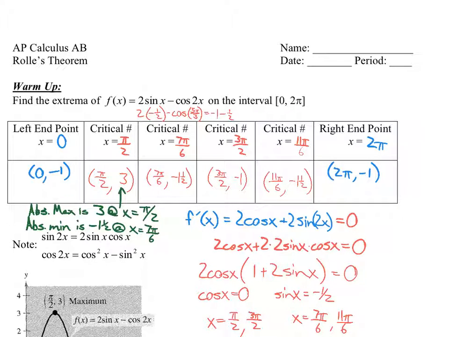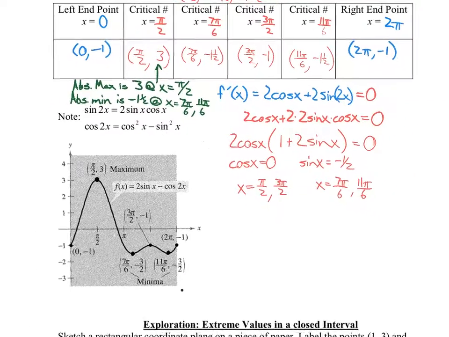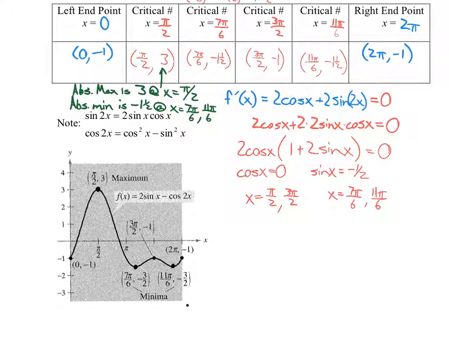Remember, we said you can only have one absolute max and one absolute min, but they might occur at multiple locations. Here's an example where that happens. 7 pi over 6 and 11 pi over 6 both have the absolute min. And if you look at the graph that's been sitting there the whole time, you can see that.